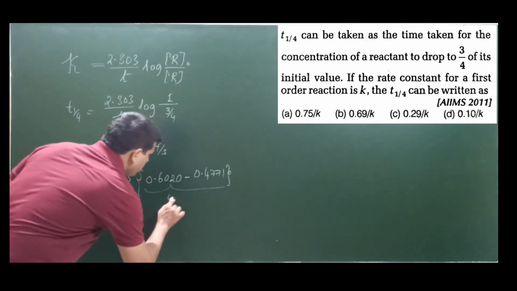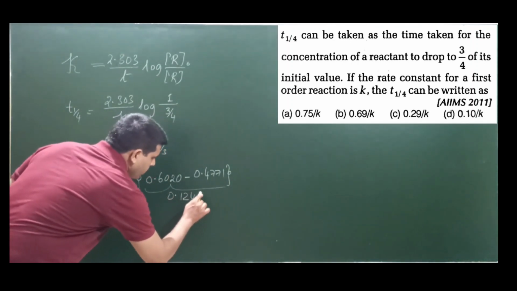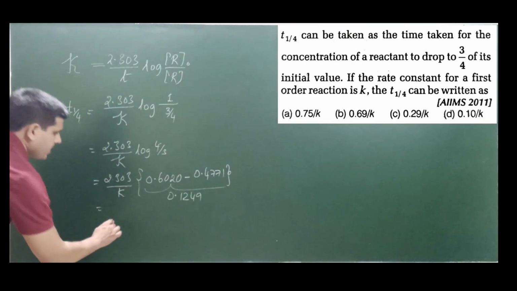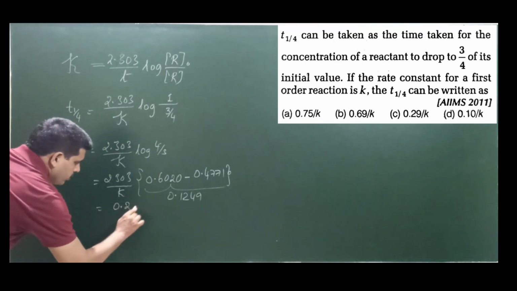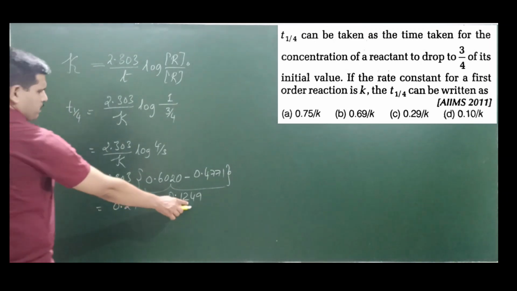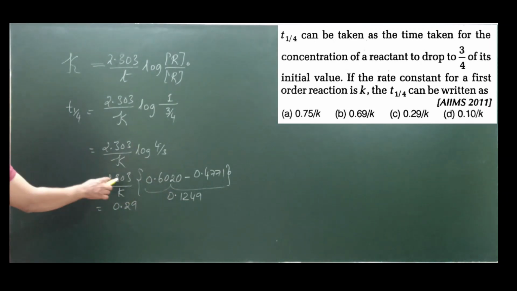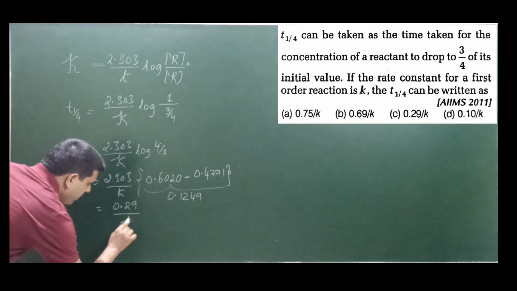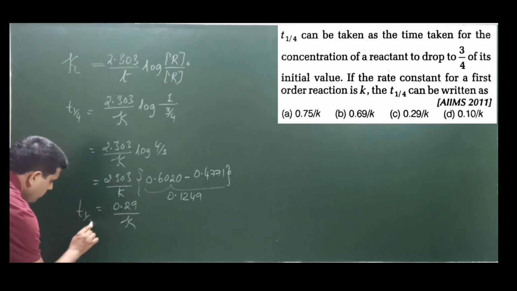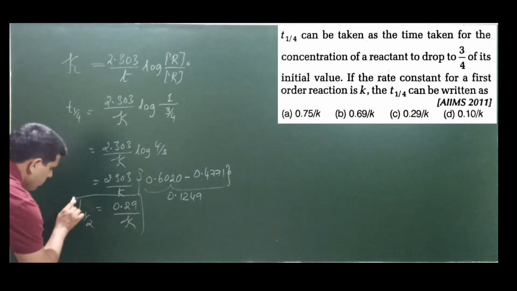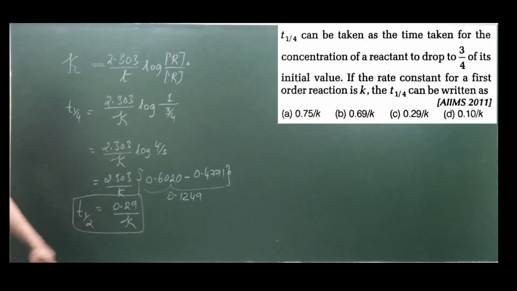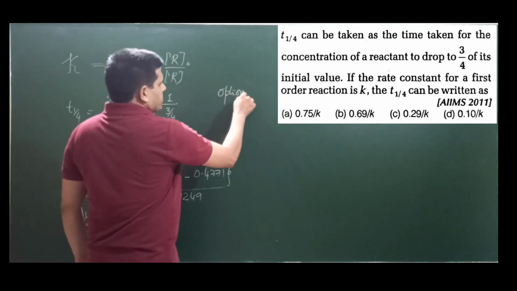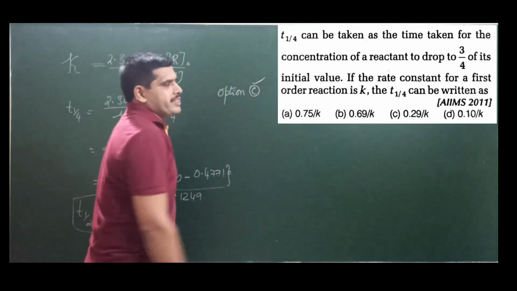This I'm writing, 0.1249 or 0.125 approximately, into 2.303 is nothing but 0.29. So 0.29 divided by K is my time required, which is asked to calculate, isn't it? So what is then the option, dear students? Isn't it option C? Yes, you are right. Yes, that's it.